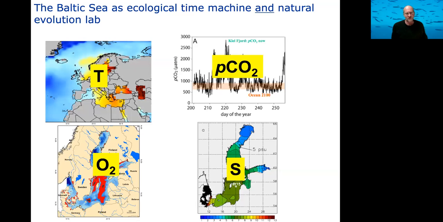But there are also natural gradients such as salinity that we can use to do experiments in a space for time fashion with respect to expected salinity changes in the rest of the coastal world ocean.